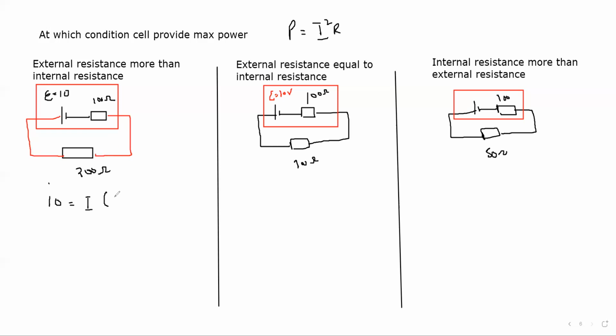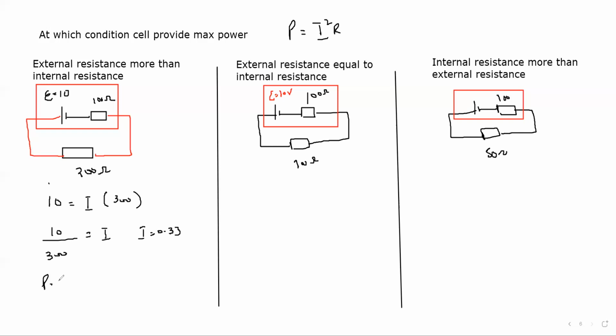So 200 plus 100, that's 300. So current will be 10 divided by 300. What's the answer for 10 divided by 300? 1 by 30. So that is 0.033.